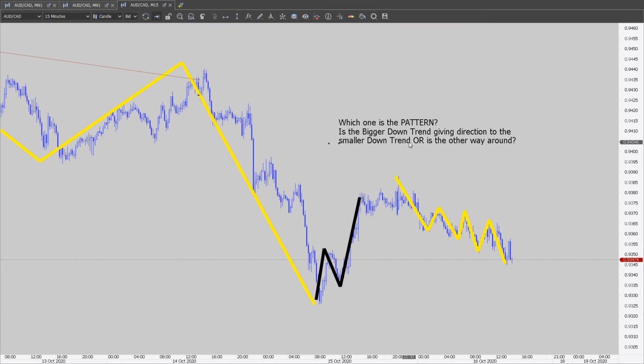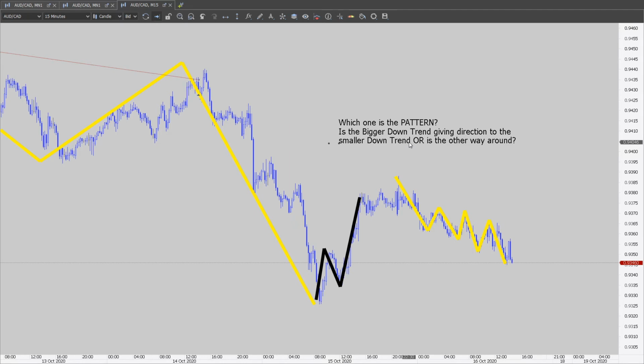So if the bigger is the pattern, can we trade the short one? If you are a complete beginner, fresh new, this is the question for you. If the bigger is the pattern, can we trade the short one?